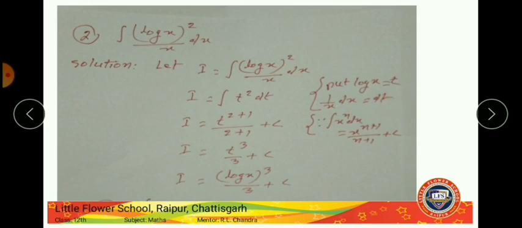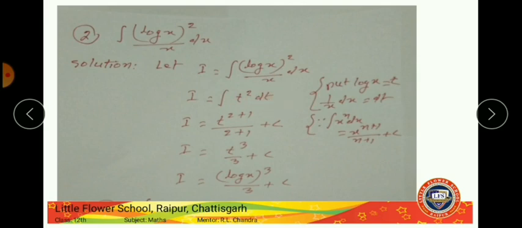Means the question becomes I is equal to the integral of t square dt. In place of log x, we are writing t, that is t square, and dx upon x is dt.